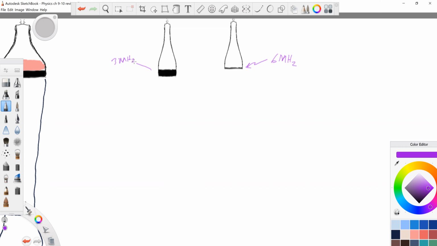Higher frequency, thinner element. Just like a thin, small bell creates a higher frequency sound than a large, heavy bell makes a lower sound. Okay, which beam will have the shallower focus? So which one has the shallower focus? Okay, well, let's go ahead and just draw it in.